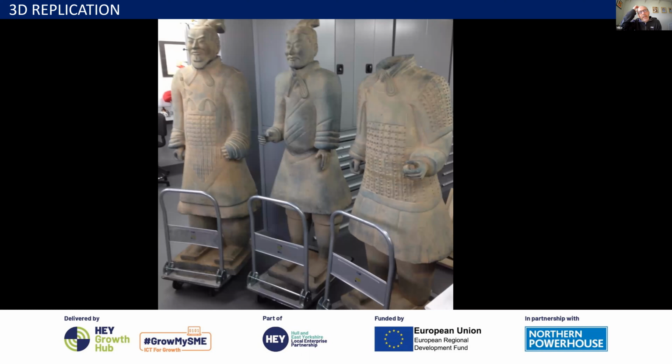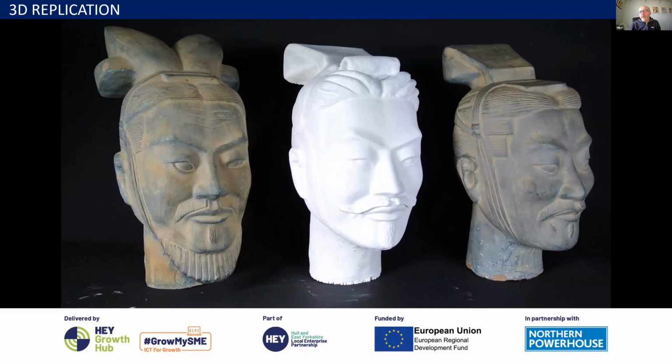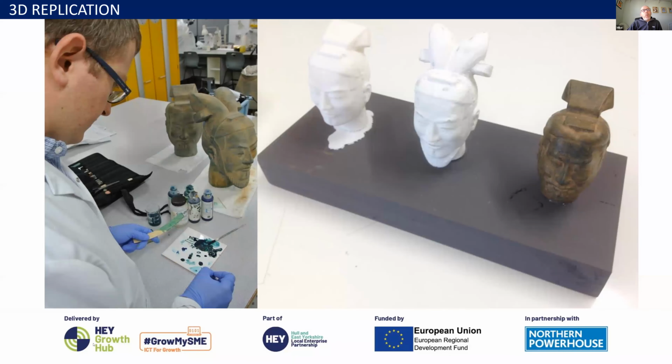We've used it with collectors, so a terracotta warrior collection where we were given 3 terracotta warriors, 2 of the bodies were broken and the head was missing. So we 3D scanned in 2 good heads, digitally created a unique 3rd head, and 3D printed the substrate for the new head. We do lots of tests with paints and pigments, etc., to try and mimic terracotta as best we can to be applied to an ABS 3D print.